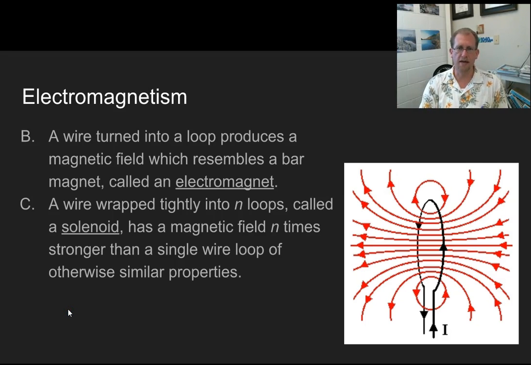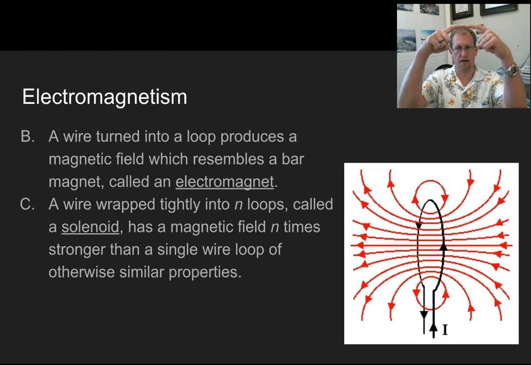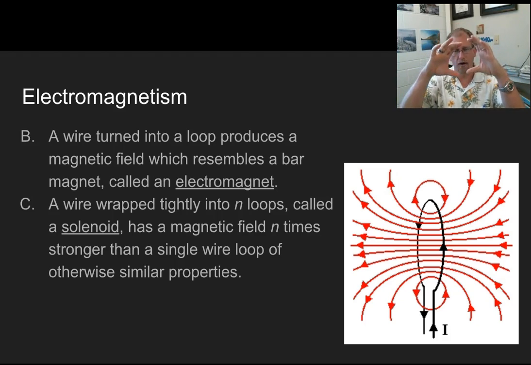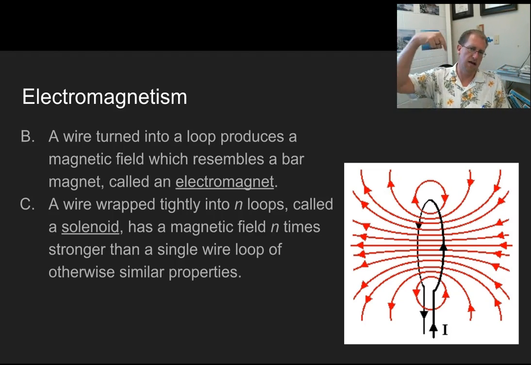If you were to take that wire and bend it into a loop, so that you had a wire in the shape of the letter omega, where it comes up and then goes around like so, that loop of wire creates a circular magnetic field around the wire.